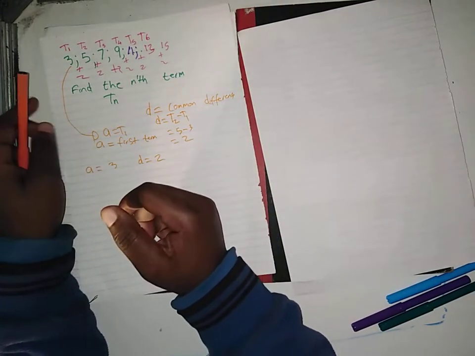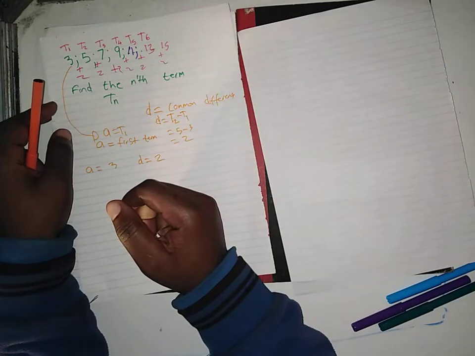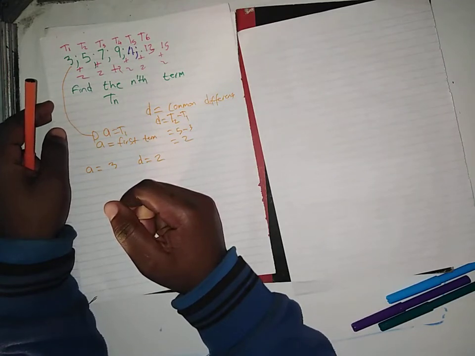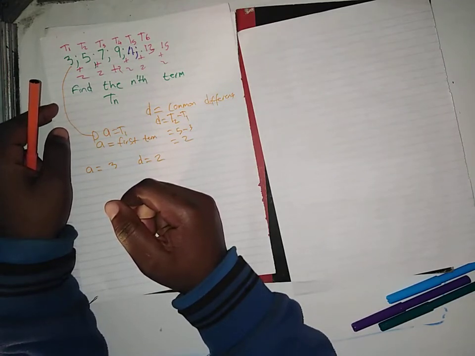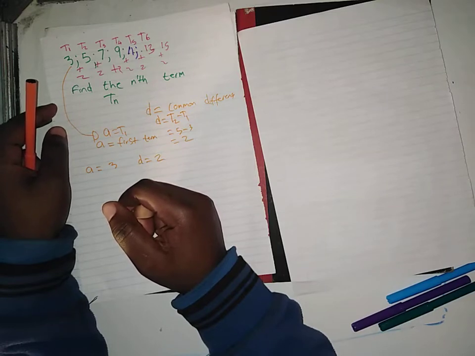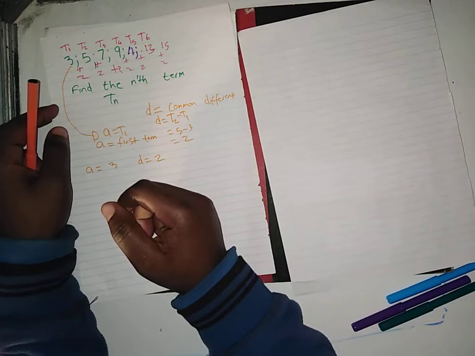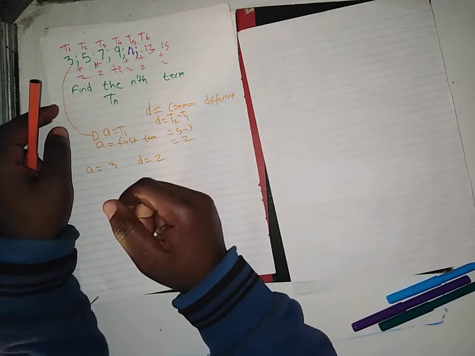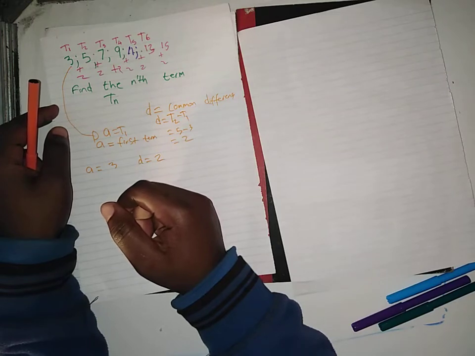So now, if you have a sequence or a pattern that has a common difference, or that has the difference between any two consecutive terms being the same, then you call that kind of pattern a linear pattern, or an arithmetic sequence.